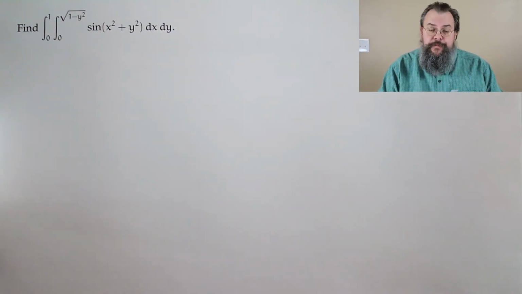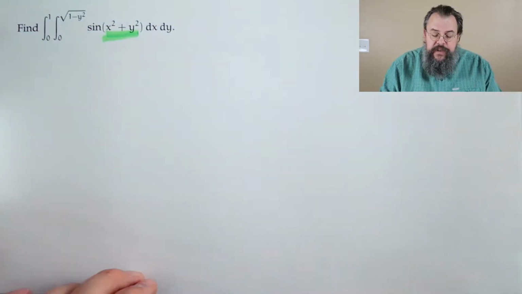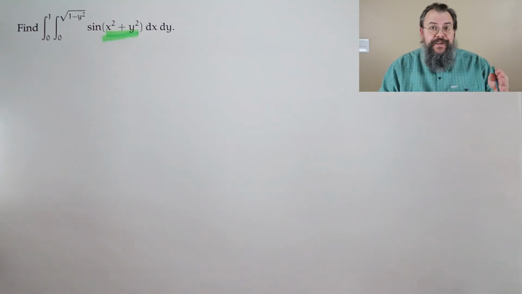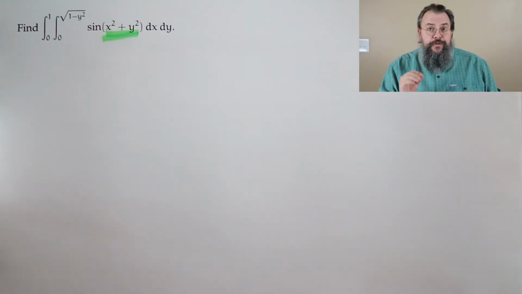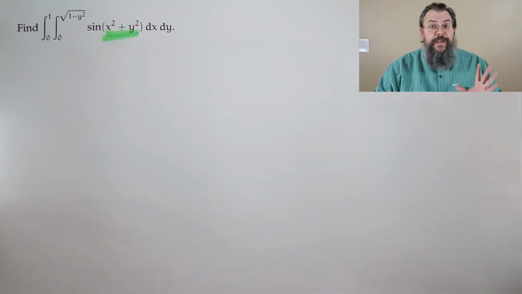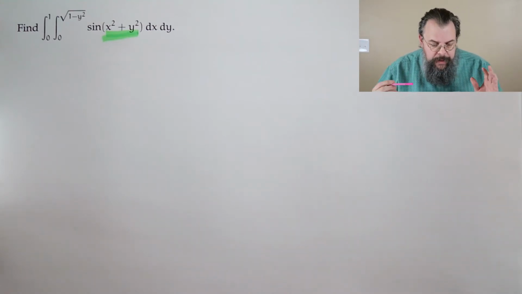And sometimes the hints are pretty loud. When you see things like x squared plus y squared featured prominently in the problem, that's a signal. X squared plus y squared is sending a signal saying, hey, you really should consider polar, because x squared plus y squared in polar is really beautiful. So, all right, keep that in mind.